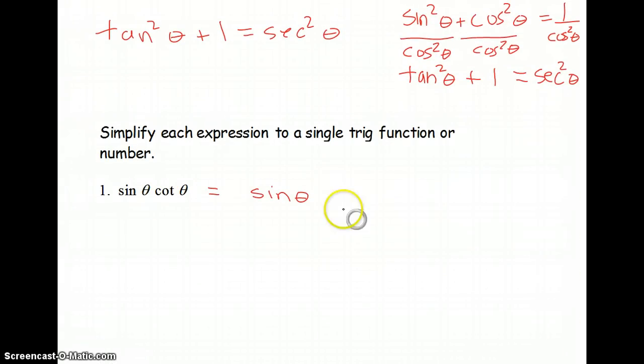So I'm going to replace the cotangent with cosine theta over sine theta. So all I did is take this one and replace it with what I know it's equal to. And now what's going to happen, since this is over a 1, my sine thetas cancel out. And it can be written just as the cosine of theta.